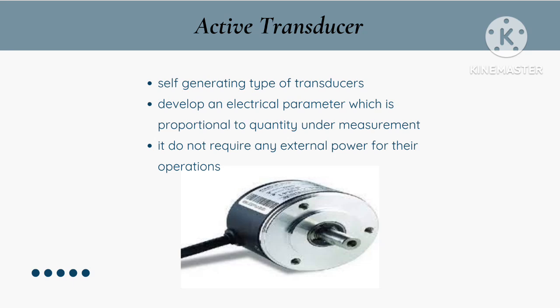These transducers are also referred to as self-generating transducers because they produce their own electrical output based on the physical phenomena they are measuring. For example, a thermocouple generates a voltage difference when two different metals are joined and exposed to a temperature gradient.